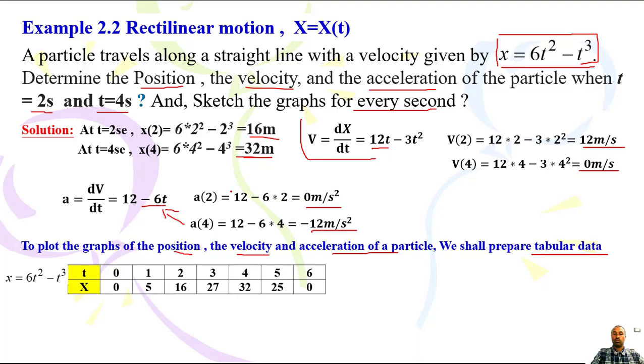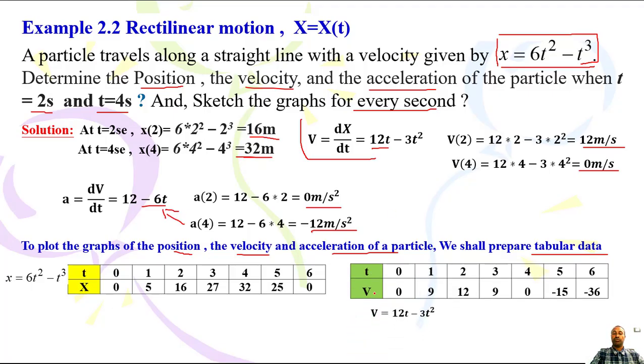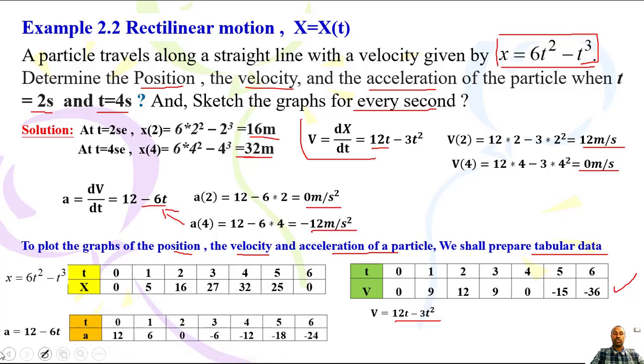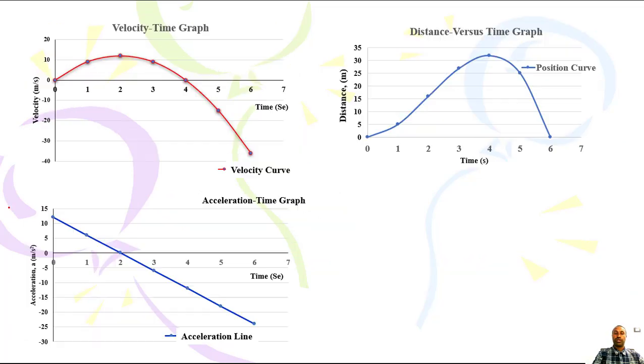At t equals 6 seconds, what will be? 0. Then it goes on like that. This is the tabular data. And t versus v, again you have the velocity function. You substitute, then you get these velocity values. The third tabular data is acceleration, which is 12 minus 6t. So we are using three equations. Then we can develop curves.